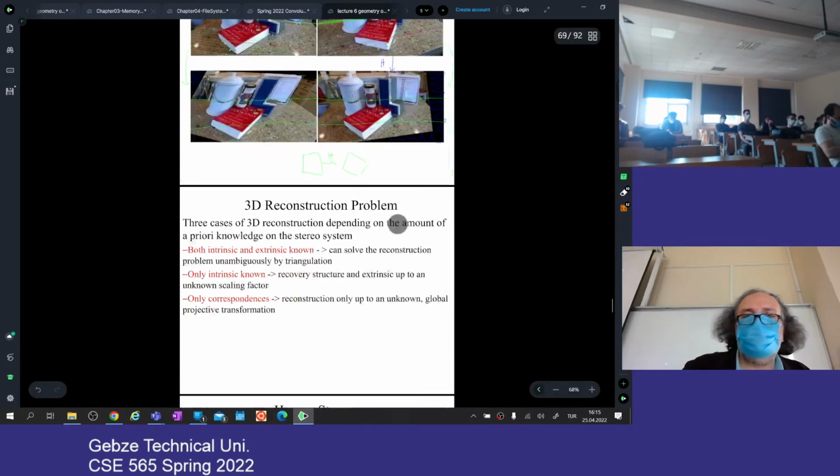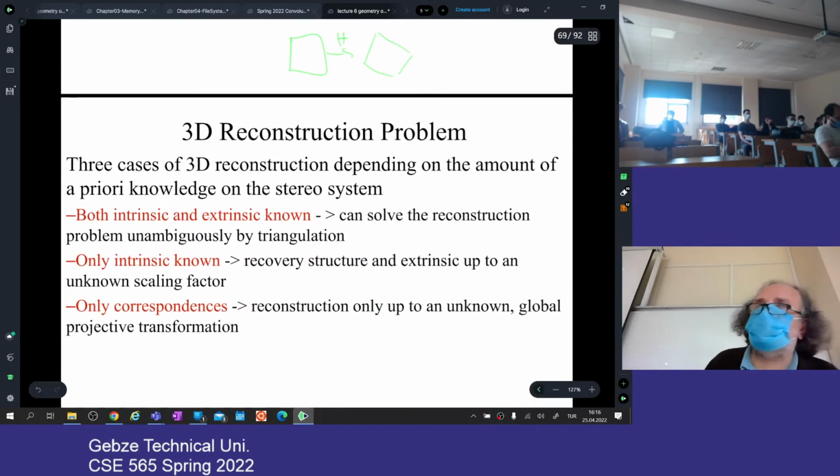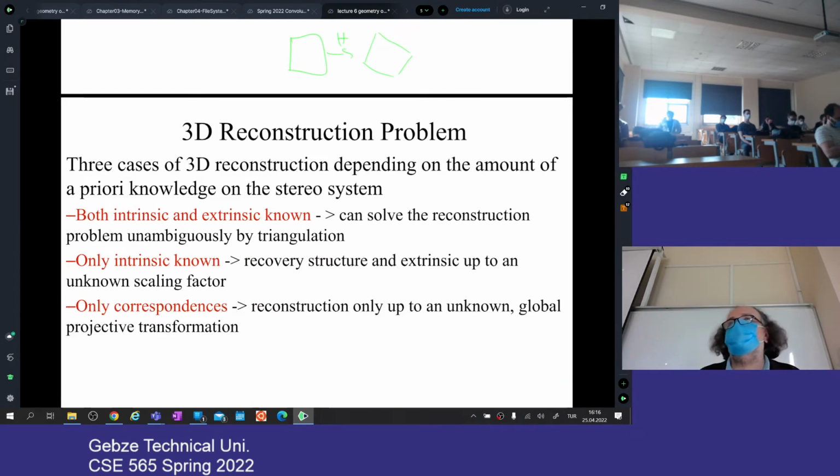Good. Okay. So for this 3D reconstruction problem, if you know your R matrix between 2 cameras and the translation vector between 2 cameras, that means you know both intrinsic and extrinsic parameters, then you can solve the reconstruction problem, no problem.